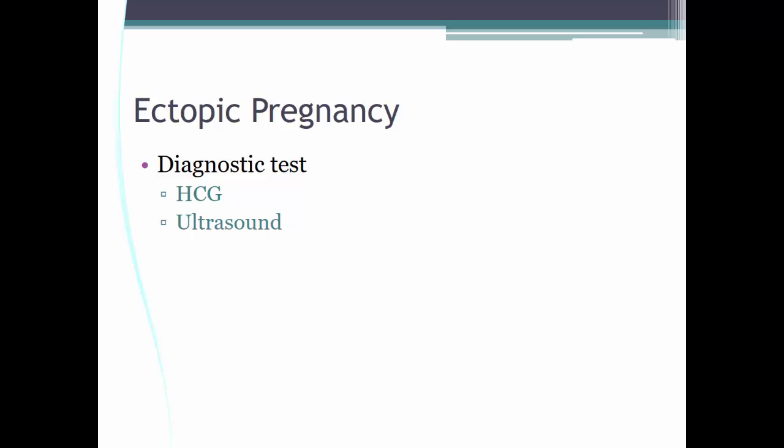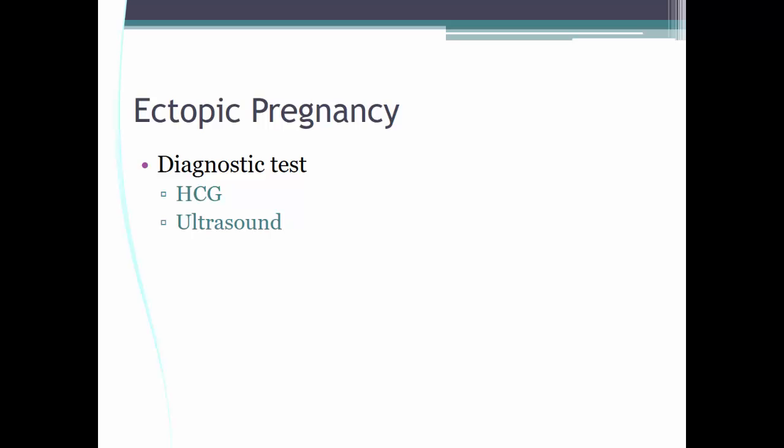Because any physical examination, including pelvic examination, is neither sensitive nor specific. So the first step could be a urine pregnancy test or an HCG.